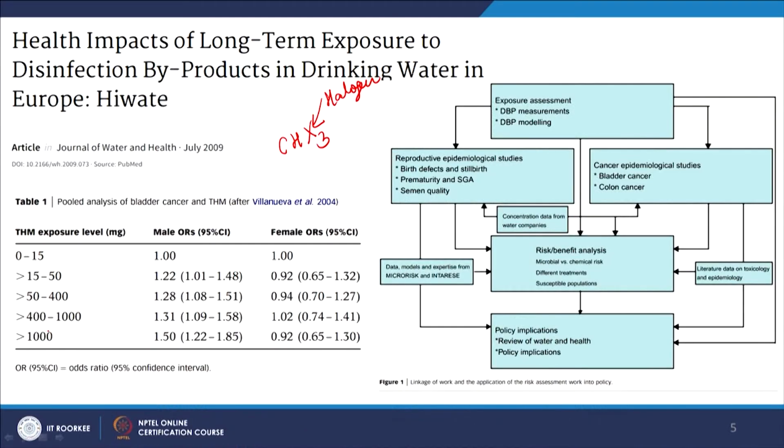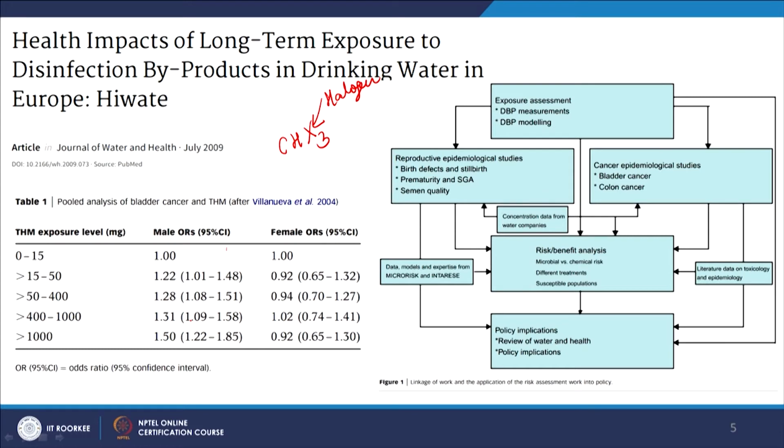Now the THM exposure varied from 0 to 15 up to 1000, and OR is the odds ratio, and the odds ratio for males and females were detected separately, and in brackets is the confidence interval. So what is the odds ratio of developing bladder cancer when you are exposed to this amount of DBP? We noticed that it increased for both male and female as the exposure of THM increased. With males it went all the way up to 1.5 odds ratio.